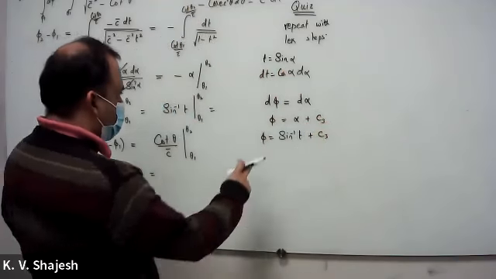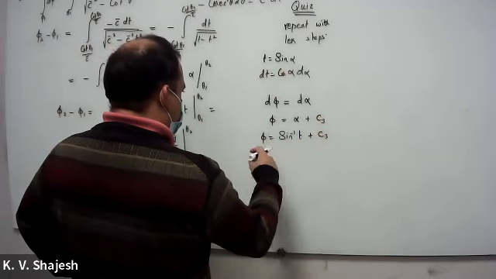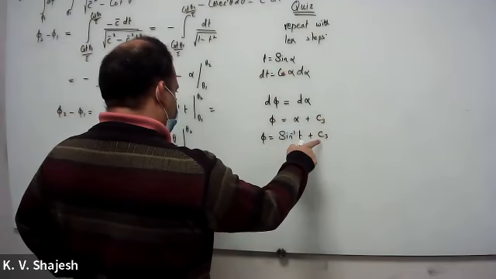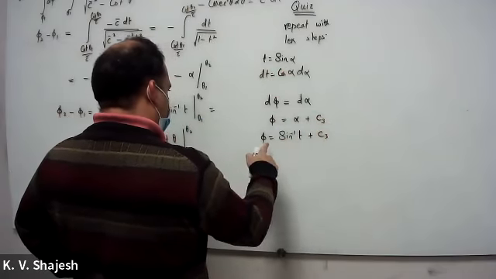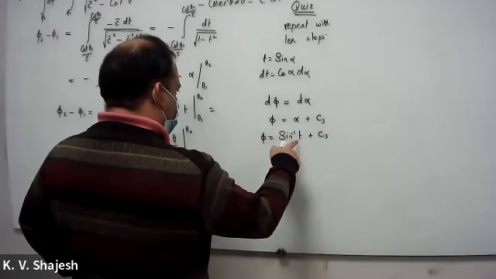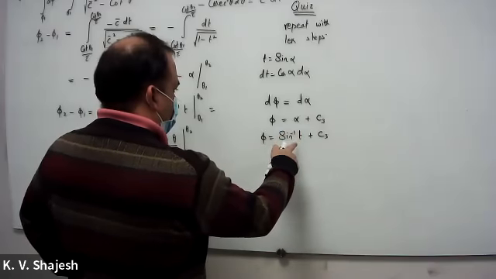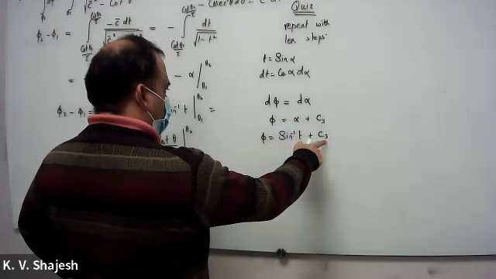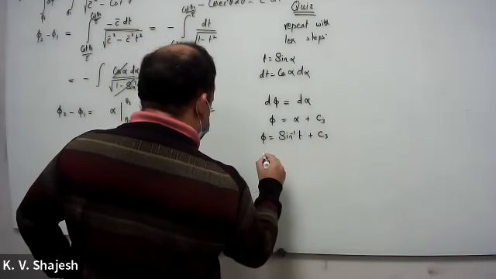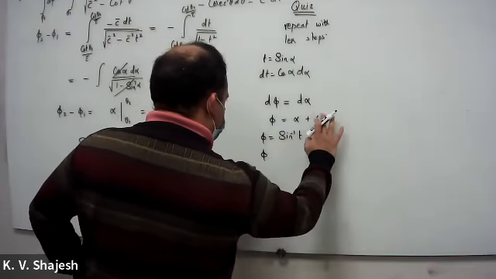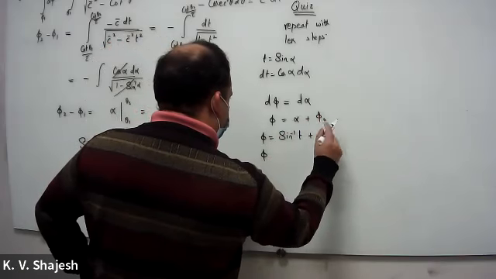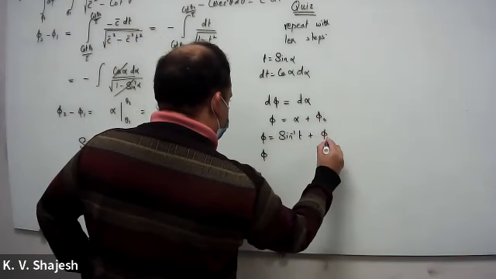Agreed? And now substitute back. So you say, what is C3? So I say that, okay, at some variable t, I'll call this C3. So let me call that constant phi naught. Okay.